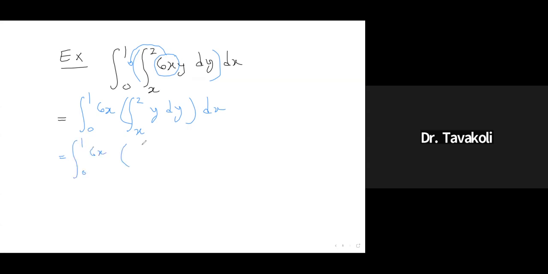Antiderivative of y is y squared over 2, and it should be evaluated at these limits. Y squared over 2 at 2 is 2 squared over 2, which is 2. And at x, it is x squared over 2.